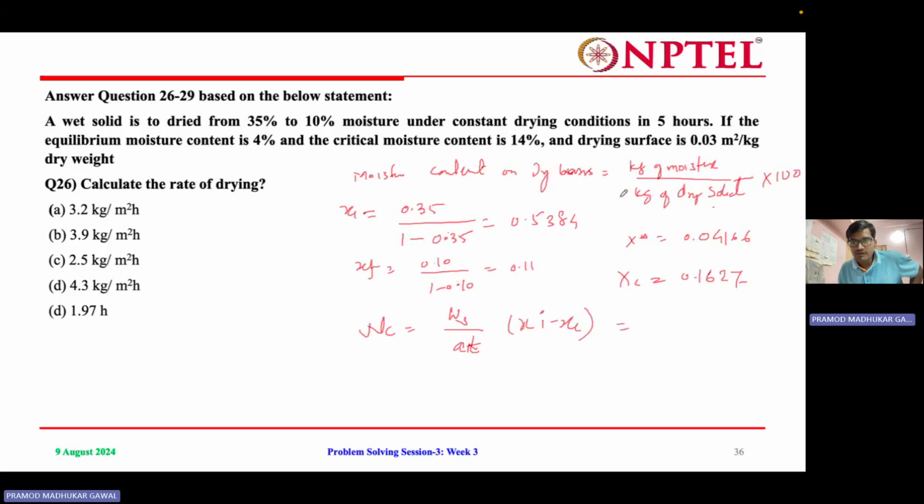Here A by W is given, 1 by 0.03 into time 5 hours, Xi 0.5384 minus Xc 0.1627, right? So NC is equal to 2.5 kg per meter square per hour. So option C is correct.